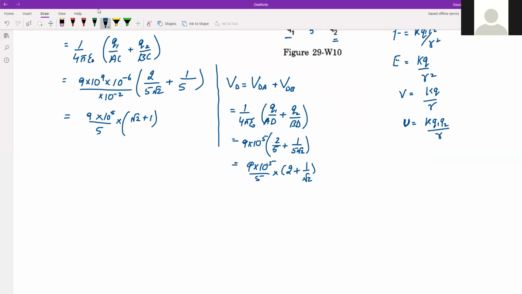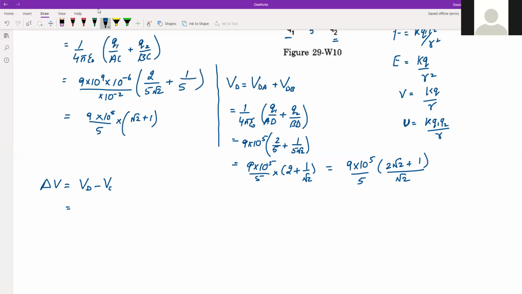That is 2 root 2 plus 1. So this is 9 into 10 to the power 5 divided by 5 into 2 root 2 plus 1 divided by root 2. So this is VD, this is VC, and obviously delta V will be VD minus VC, final minus initial.